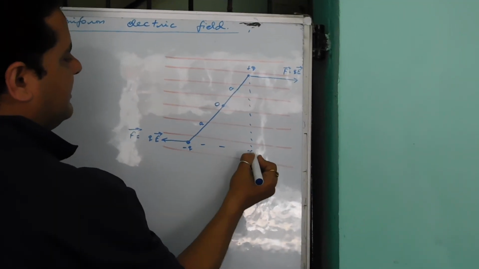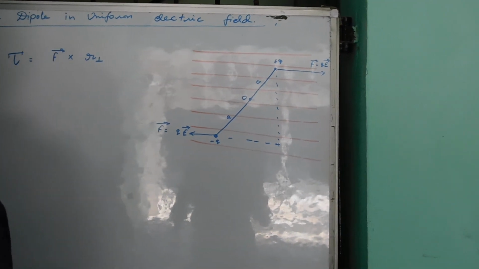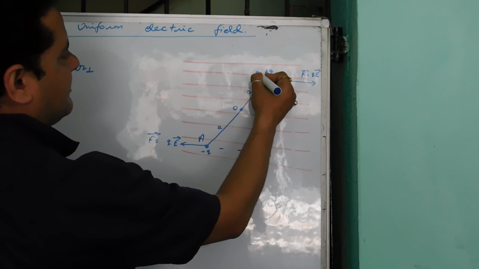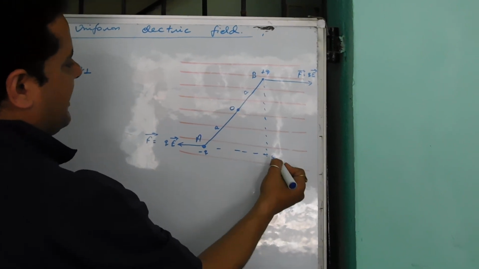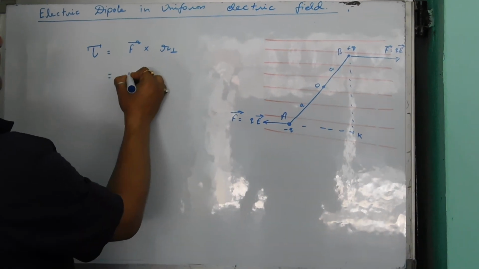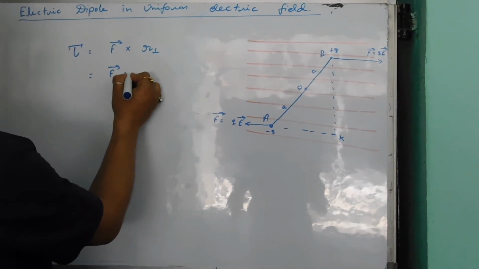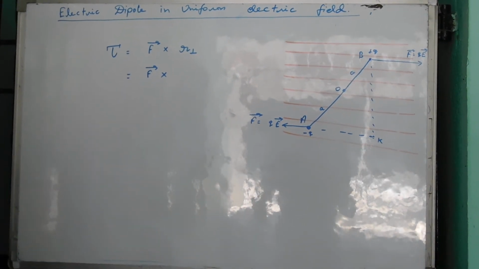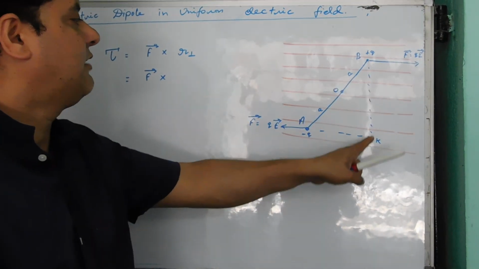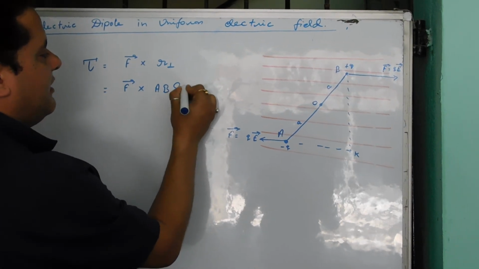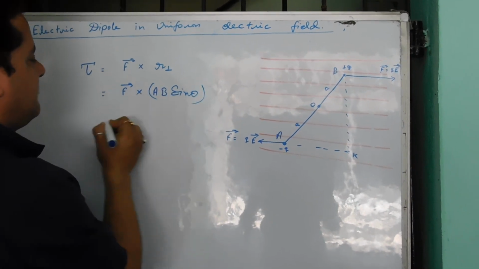This perpendicular distance can be determined by this, which is, suppose this is A, this is B, this is K. So we have F cross, how much is the value of that perpendicular distance? It is AB sine theta.